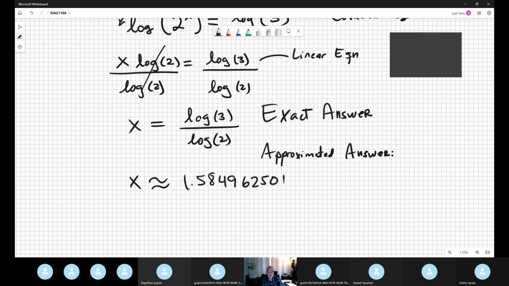However, in the question, in the test, the specification says I need 4 decimal places. So you take a look at this digit. This digit is 5 or greater than 5, so you increase this one. So actually, my answer is 1.5850. Yes or no?